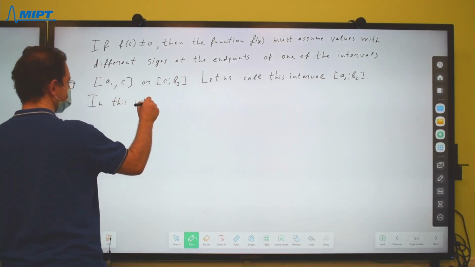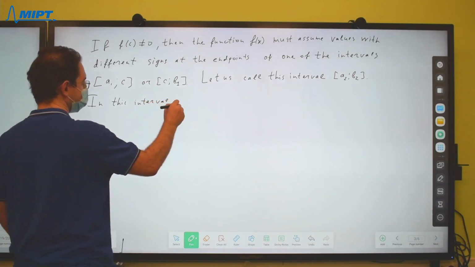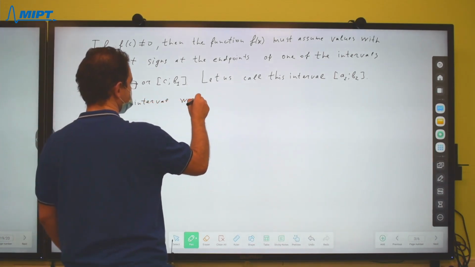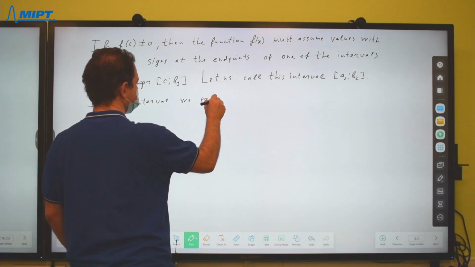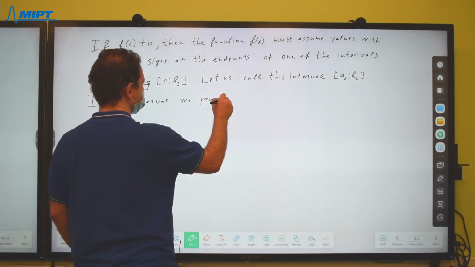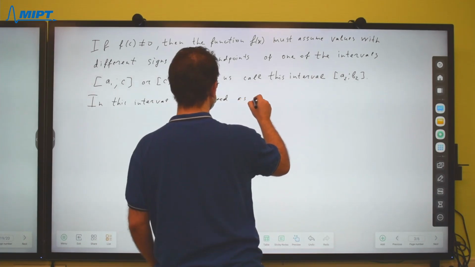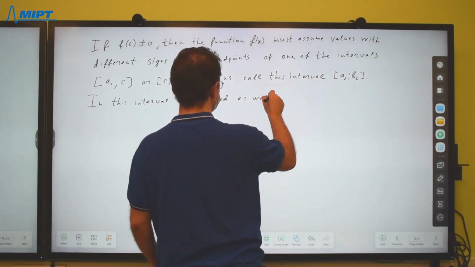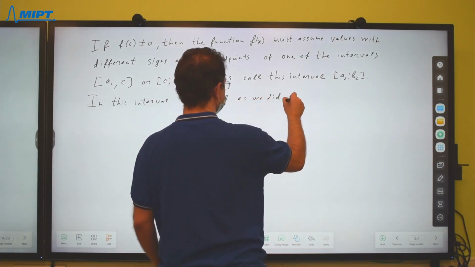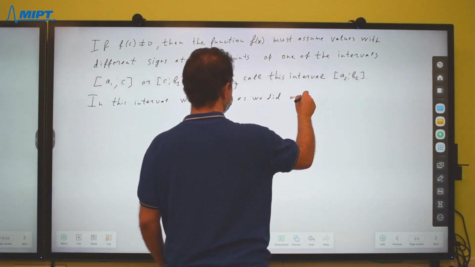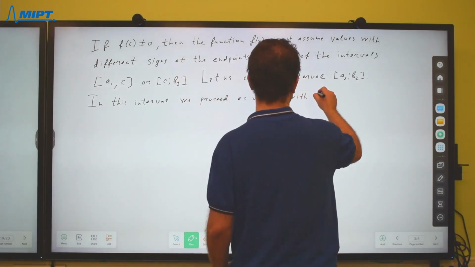In this interval, we proceed as we did with the interval A1, B1.